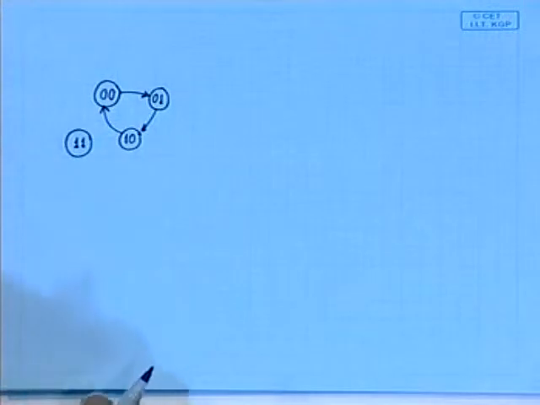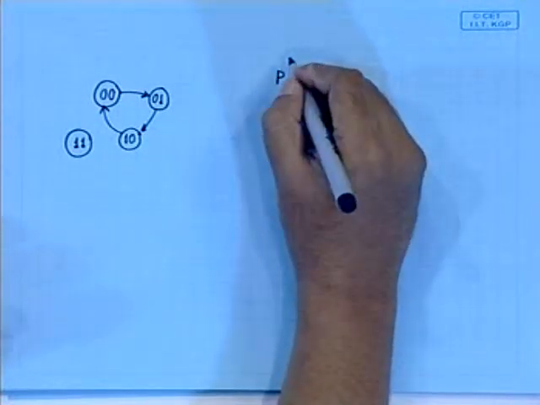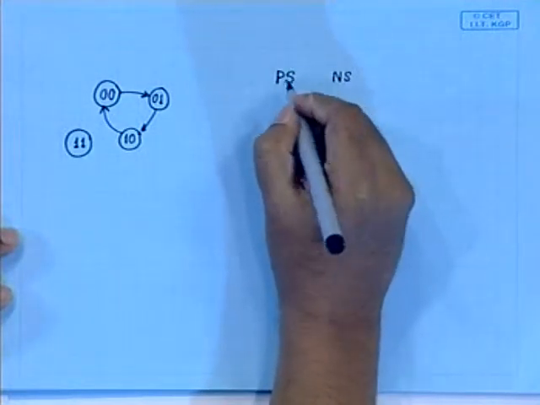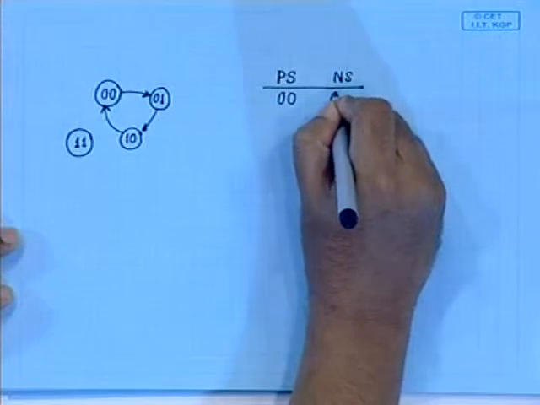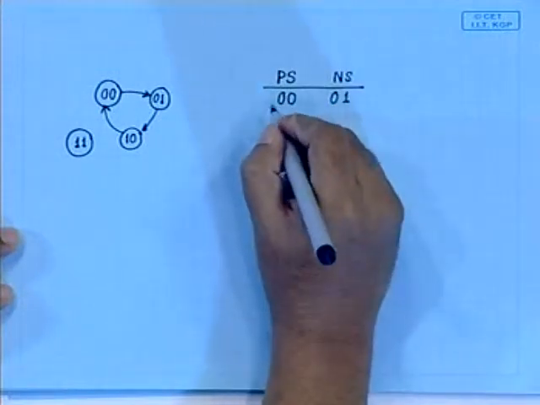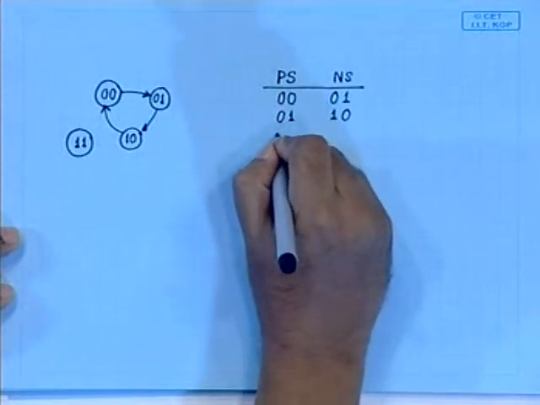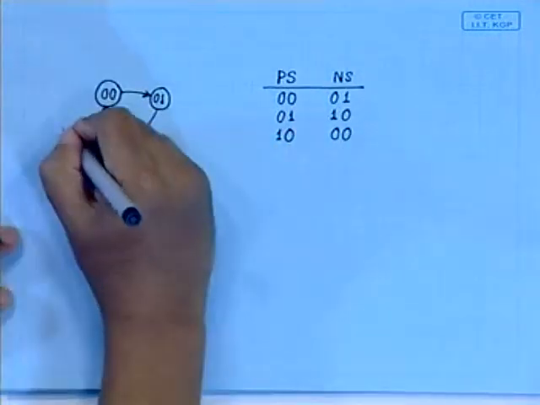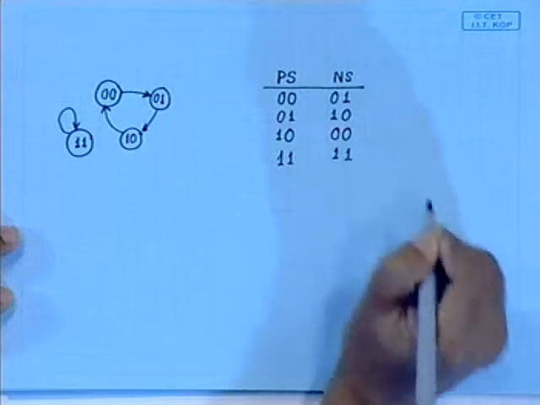If I write down this transition relation, I will have present state and next state. From 00 I go to 01, from 01 I go to 10, from 10 I go to 00, and this one remains here. So from 11 it is always 11.